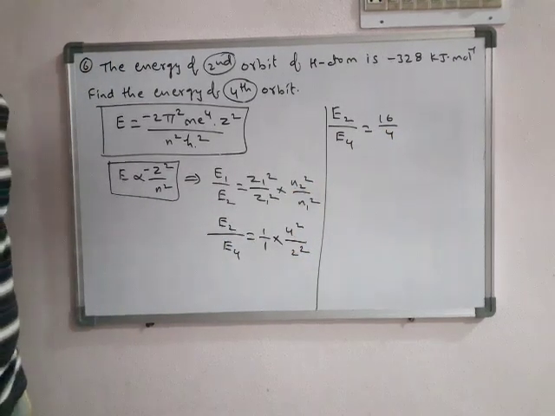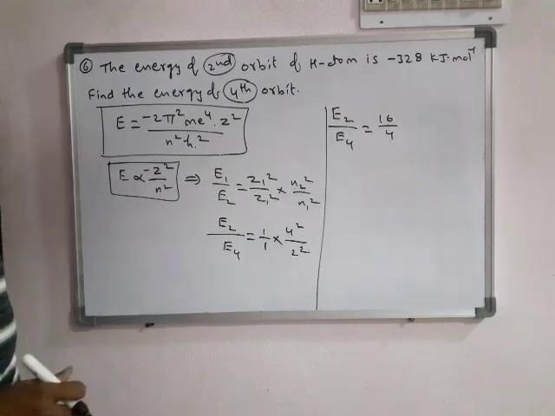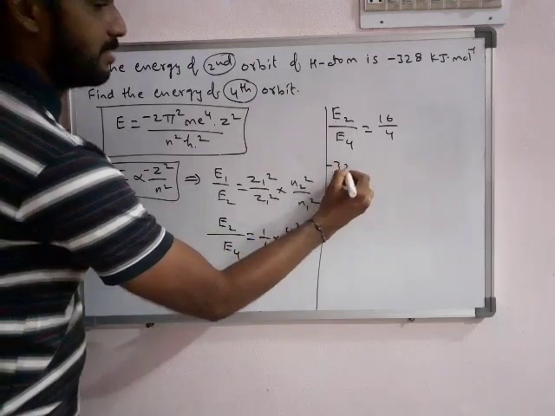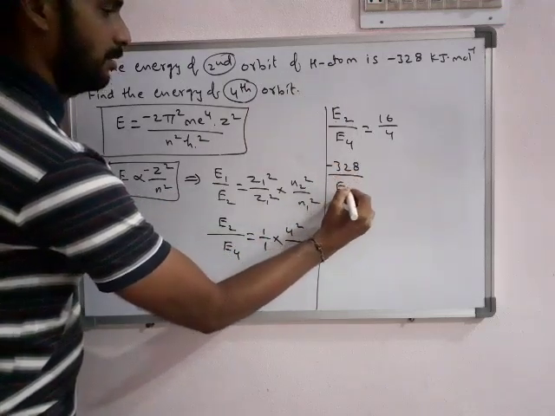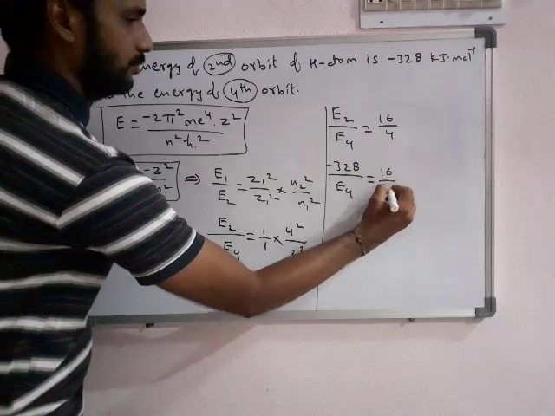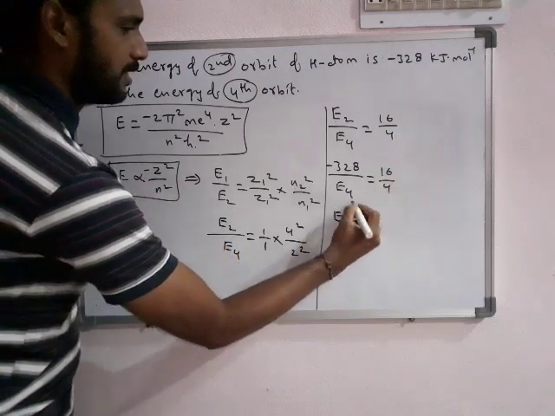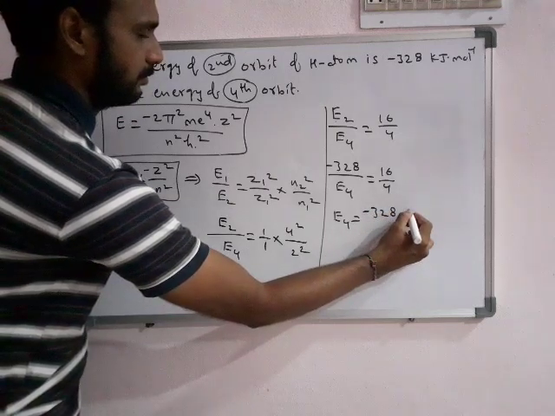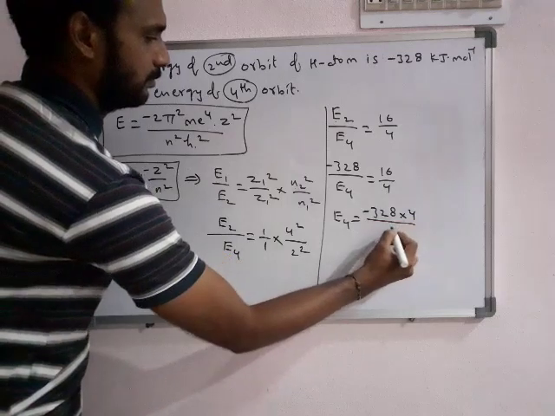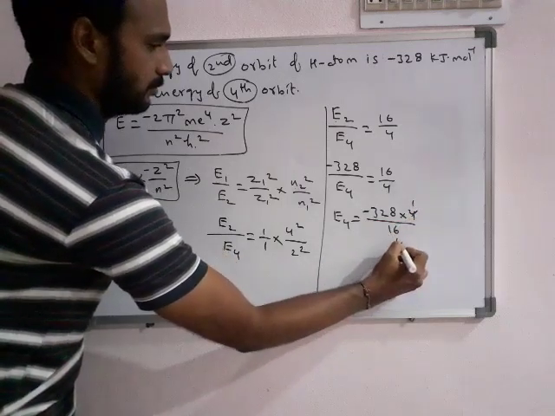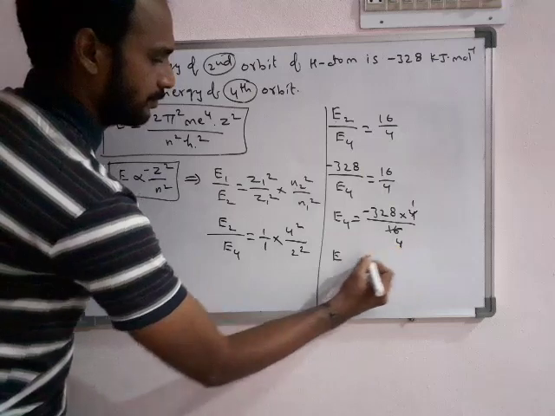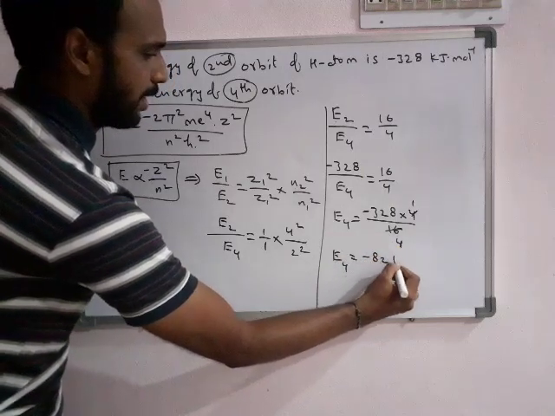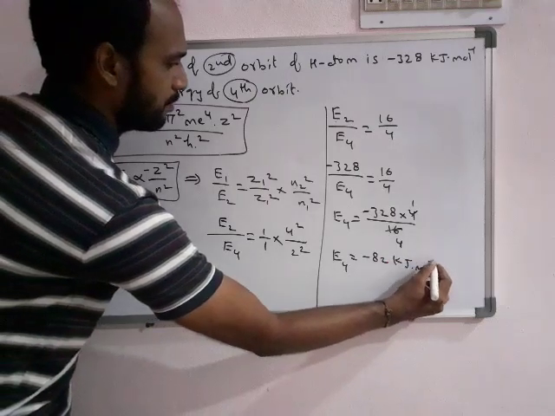The energy of the second level is given as minus 328 by 4. Therefore, the energy of the fourth level is approximately minus 82 kilojoules per mole.